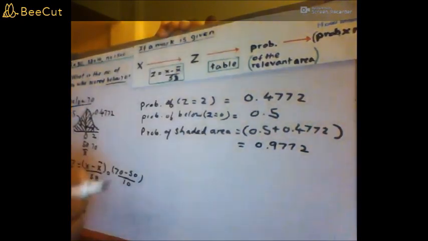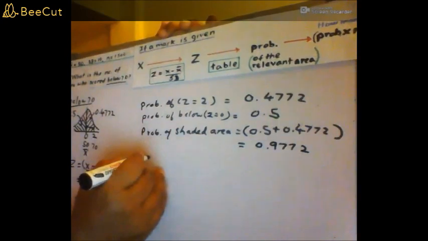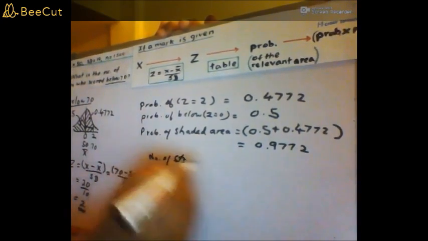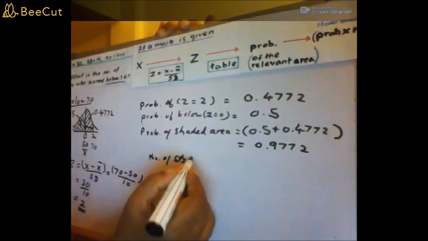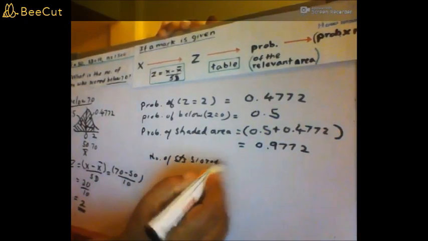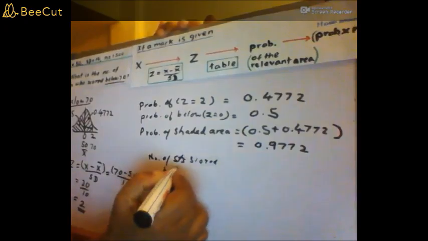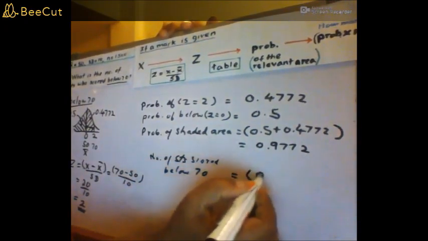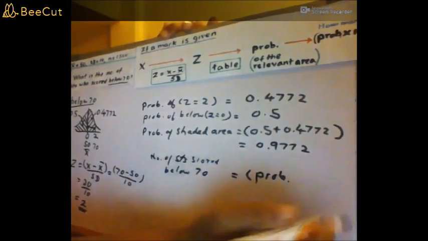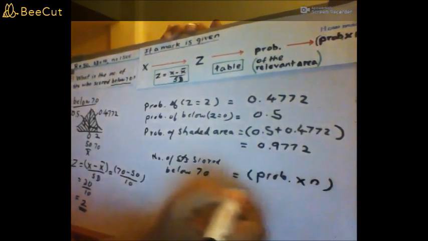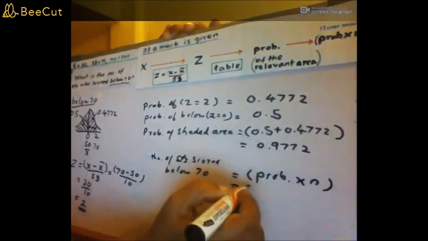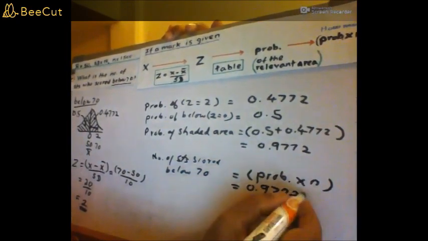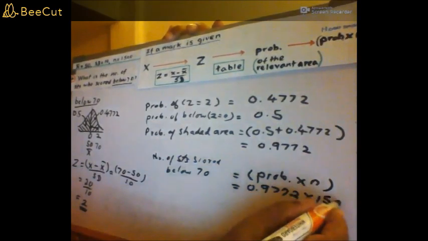Now find the number of students who scored below 70. That is probability into n, that is 0.9772 into 1500.